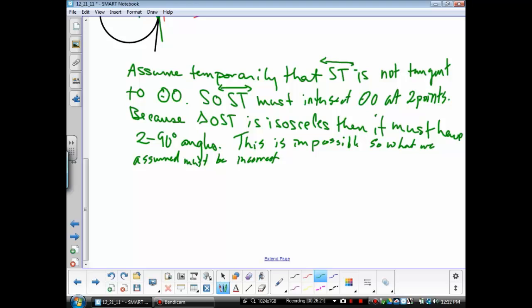So the opposite must be true, which is ST is tangent to circle O. End of proof.